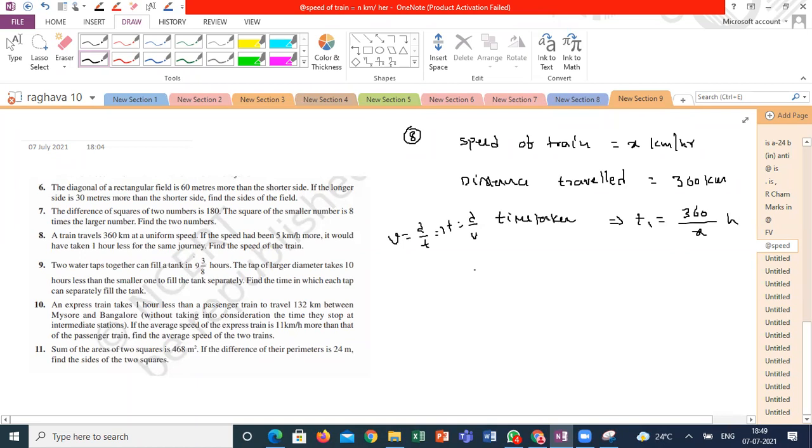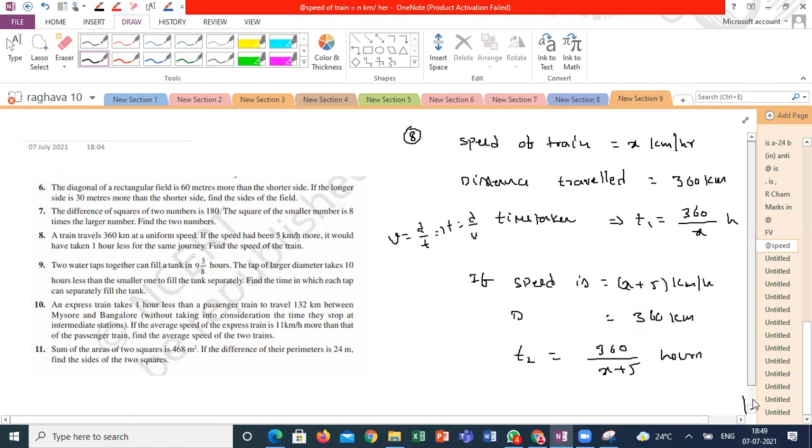Now, if the speed is increased, if the speed is x plus 5 km per hour, my distance is the same journey. What is my time here? 360 by x plus 5 hours.